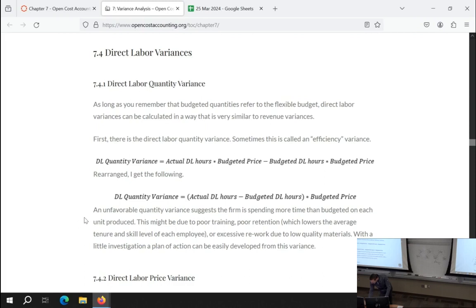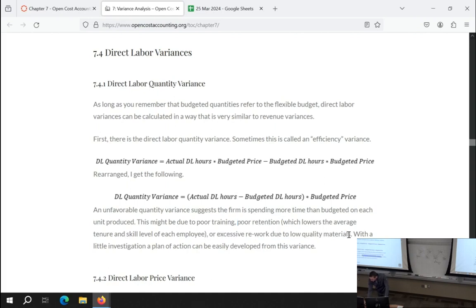Great. Some various reasons. You might have poor training. We took longer because we have poor training. We have poor retention, which of course leads to less skill per employee because you have people who are shorter in their tenure on average, because you have to keep the turnover going, keep the churn going. Keep replacing the people is what I'm trying to say.